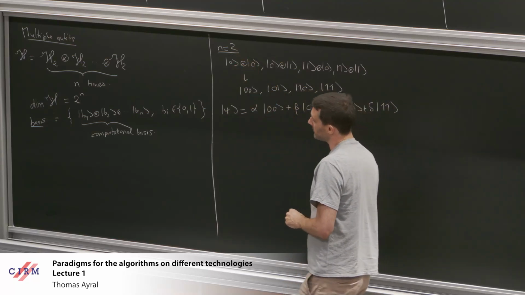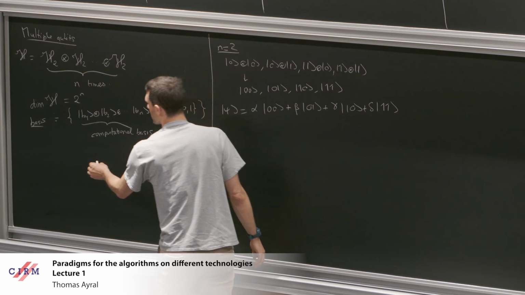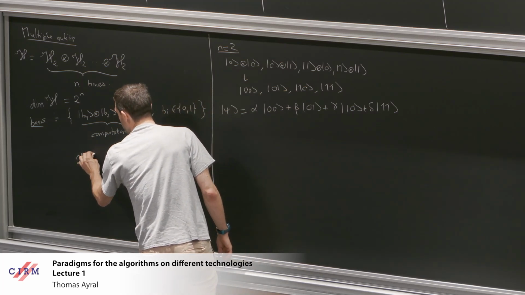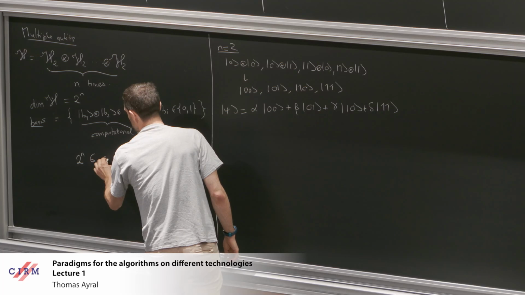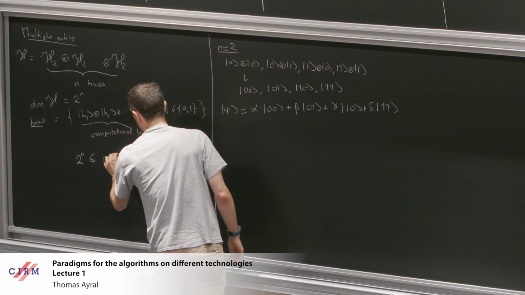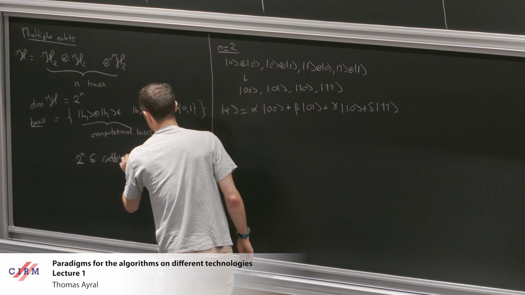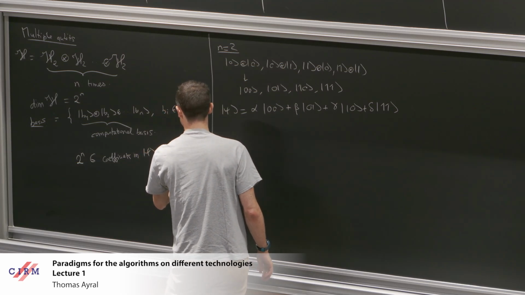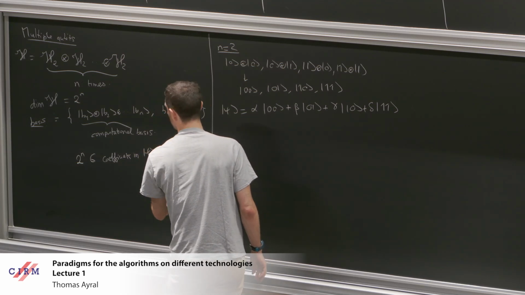That's one of the reasons why people say that quantum computers are very efficient: you can store 2^n complex coefficients in a wave function on n qubits. So that's a lot of coefficients.